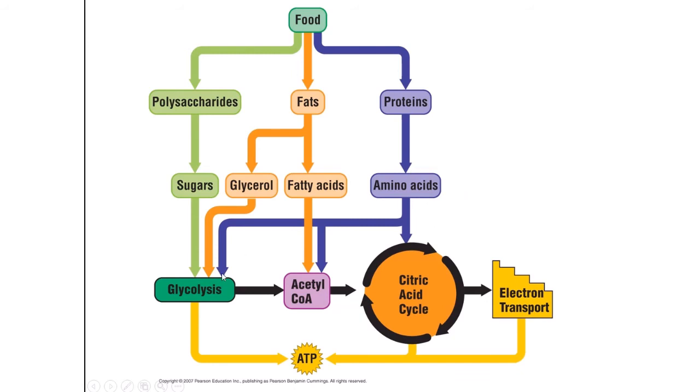Some can be fed into glycolysis, others it's going to be converted into acetyl-CoA and go into Krebs cycle, and still other amino acids can feed in the middle of the Krebs cycle. Okay, and so in that respect, it's quite versatile. We can use other food sources as energy.